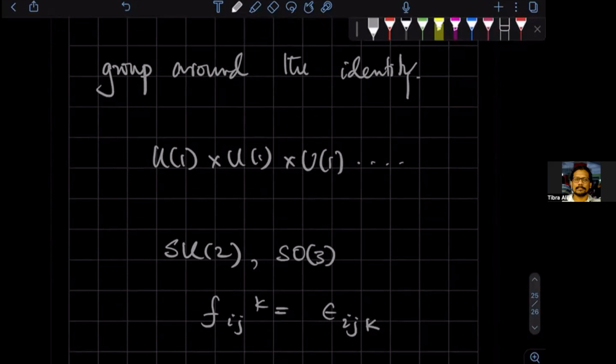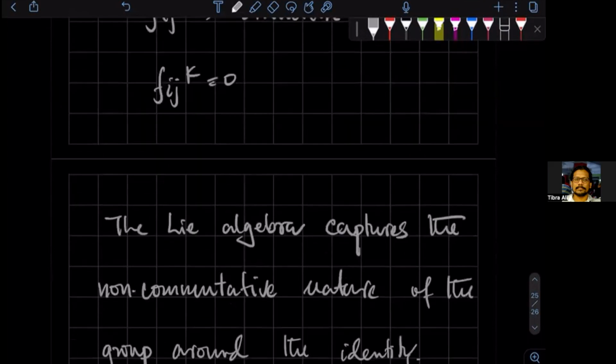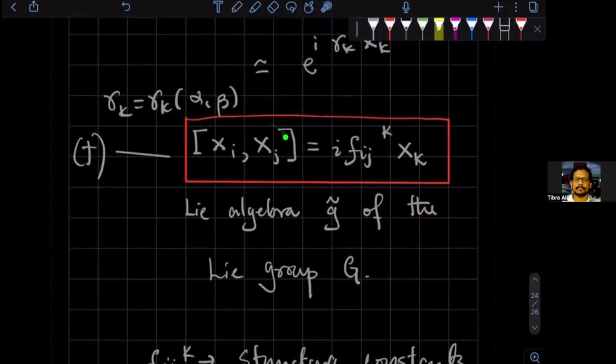Okay, any more questions? I have another question. So, we truncated the series at this quadratic term, but is there any justification for that? Yeah, I mean, you can go higher order, but the quadratic term is the one, we just showed that the Lie bracket forms a closed algebra.